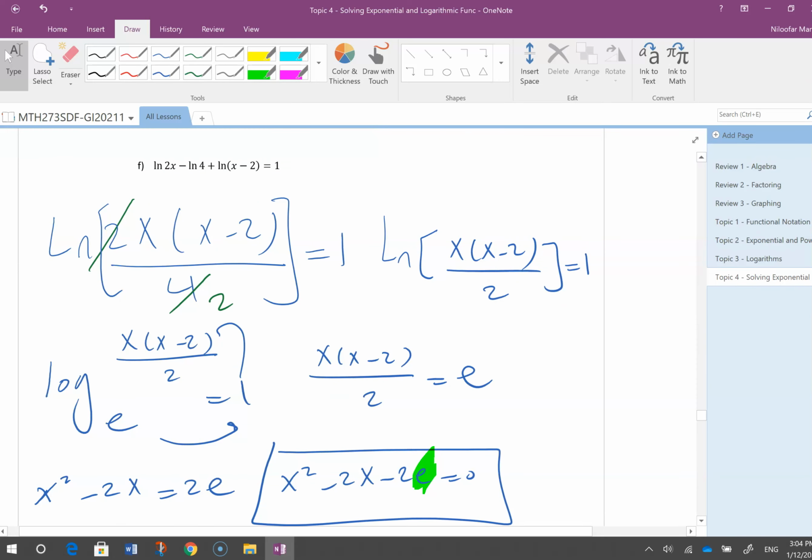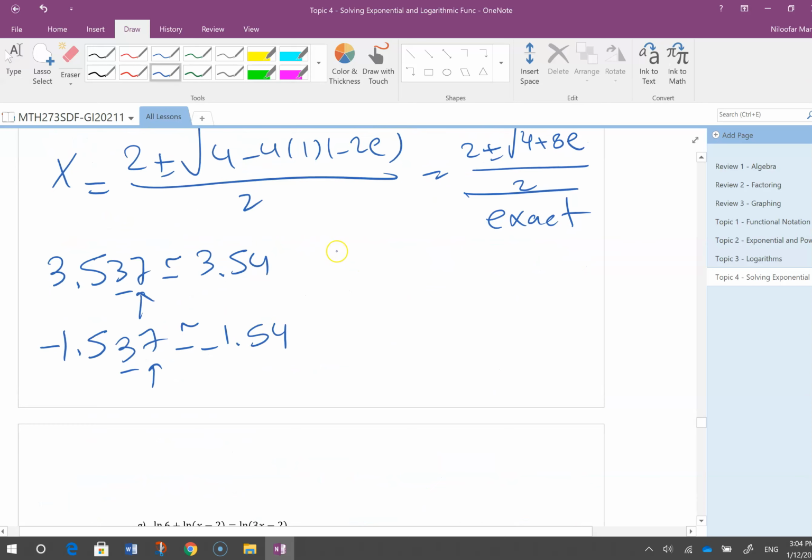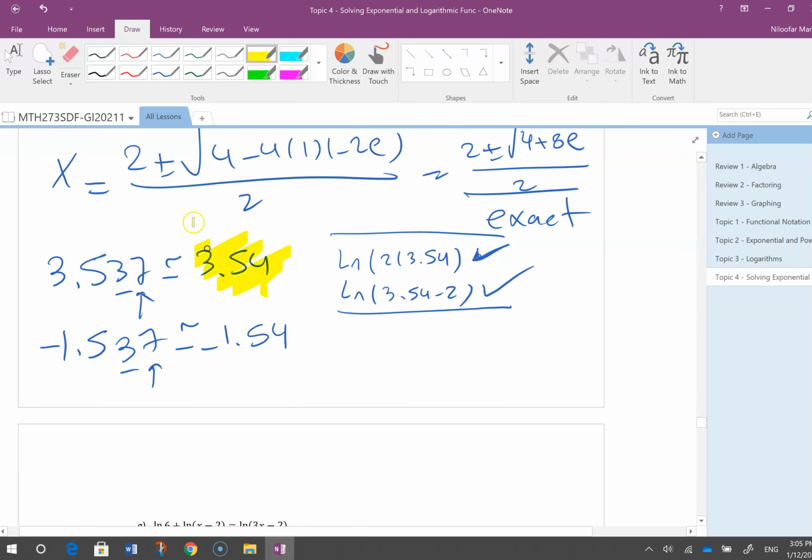Make sure to check if your answer is valid. So ln 2x and ln x minus 2. ln of 2 times 3.54 is valid. It's defined. And 3.54 minus 2 is also valid. Good, so this is a valid answer.